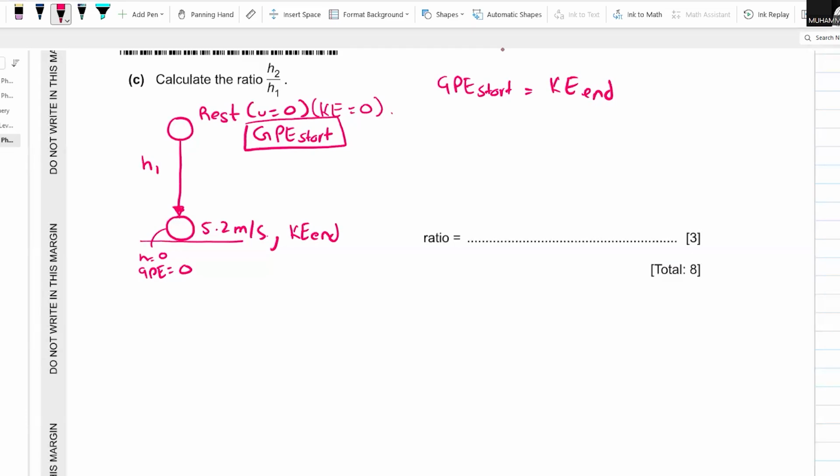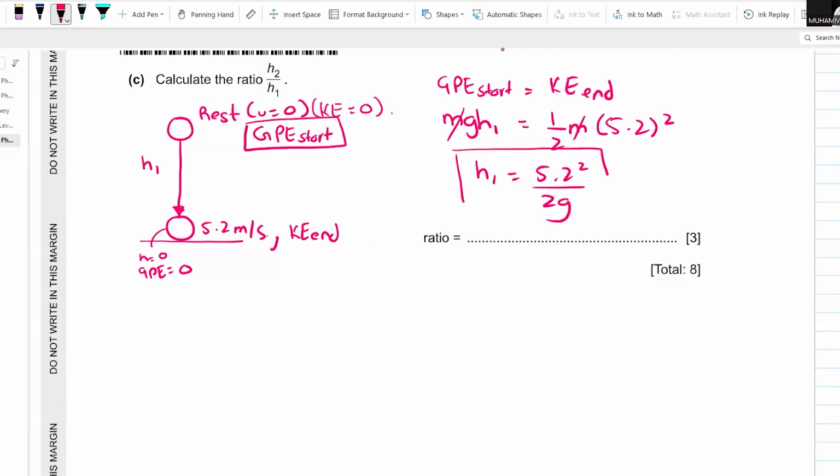Gravitational potential energy at the start is mgh1. Kinetic energy at the end is 1/2 m v squared, where v is 5.2. m cancels out. h1 equals 5.2 squared divided by 2g.